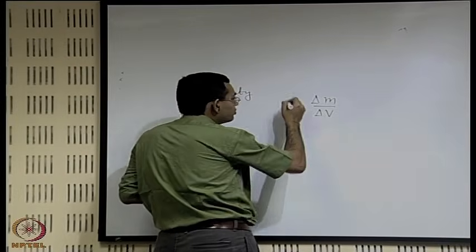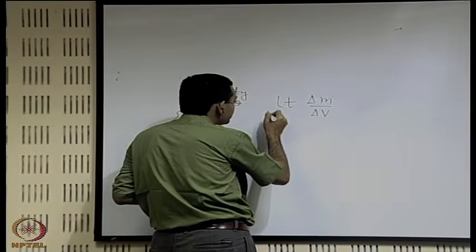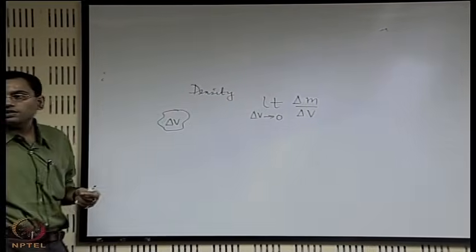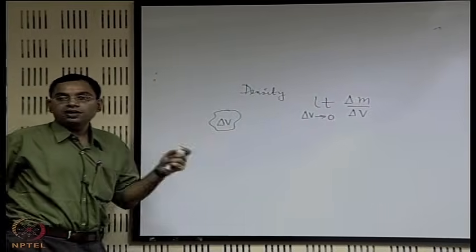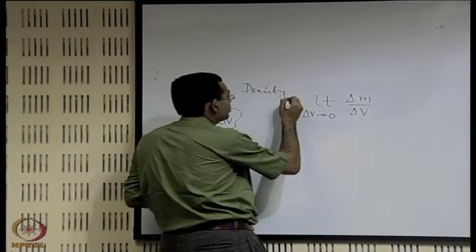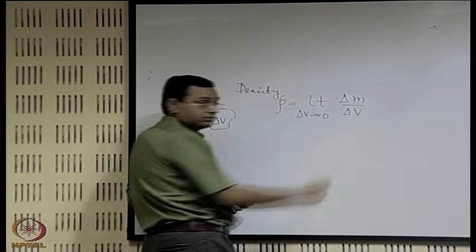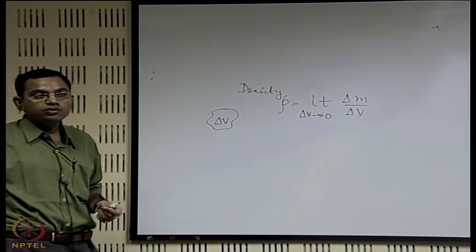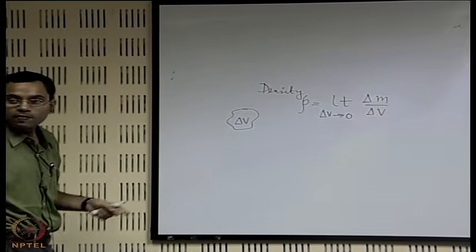All of us like to write limits, so we will write the limit as delta V tends to 0. We will think that nicely it should give a limiting definition of the so-called density. Mathematically very nice, we will see whether it works or not.